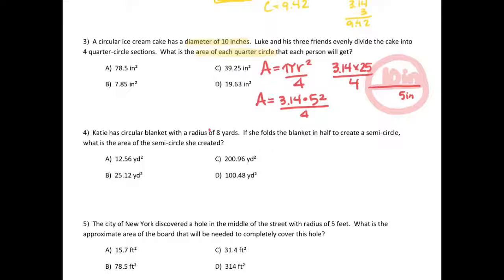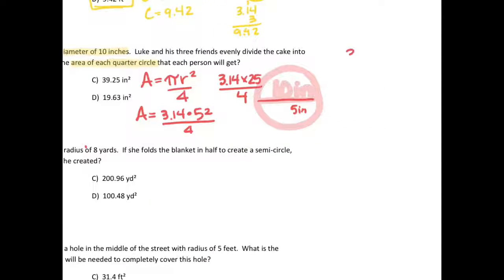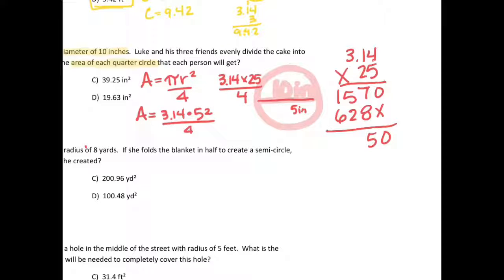I can't divide 4 into 25 evenly, so I'm just going to go ahead and multiply 3.14 times 25, and I get 78.5.